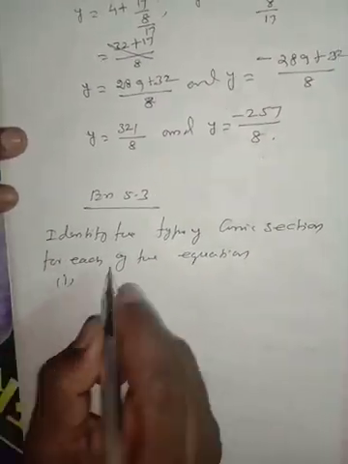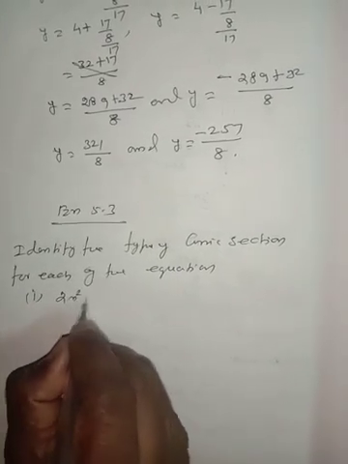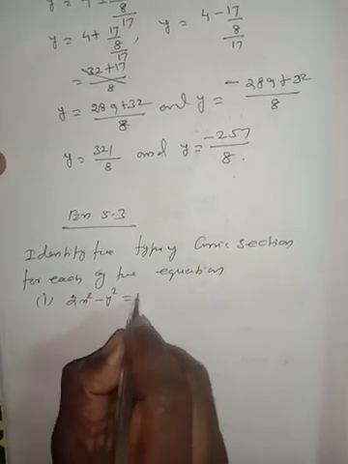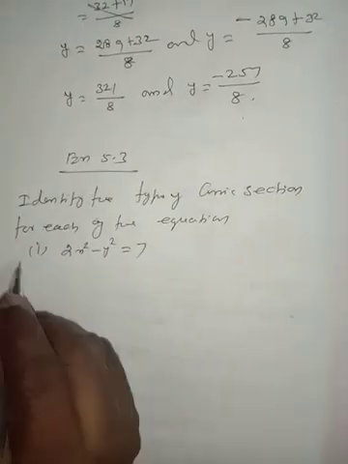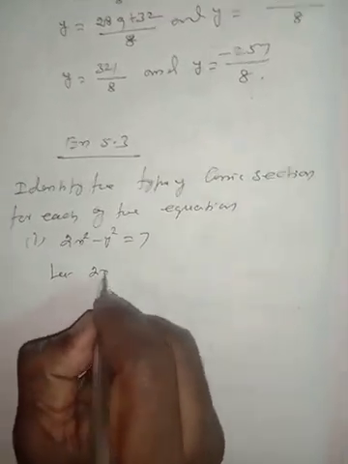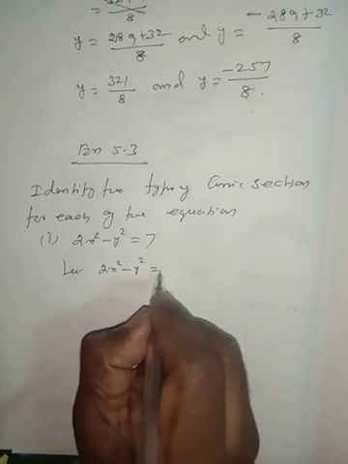Number 1: 2x square minus y square is equal to 7.